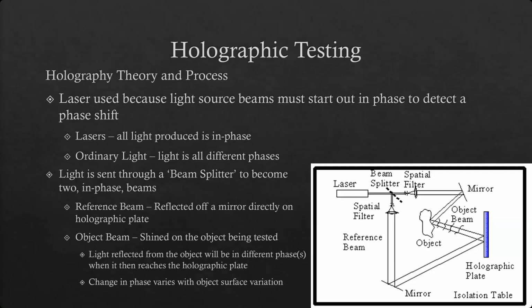And then that light is going to hit the object, and just like when I put the laser against the wall, the light from my laser's hitting that, it's reflecting off to your eye. Here, that beam is going to reflect off the object, and the holographic plate is going to see that in a way, right?